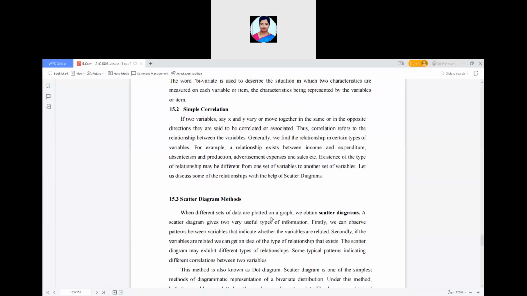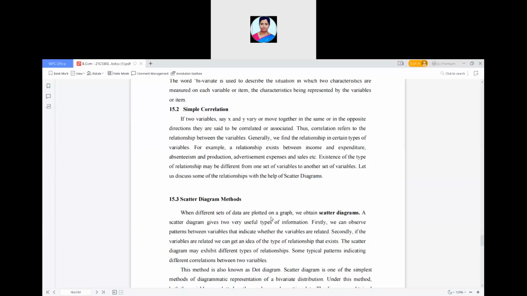Generally we find a relationship in certain types of variables, and we have seen many examples. If there is a relationship in the same direction or in the opposite direction, then we call the two variables correlated to each other. This is the basic definition under simple correlation.